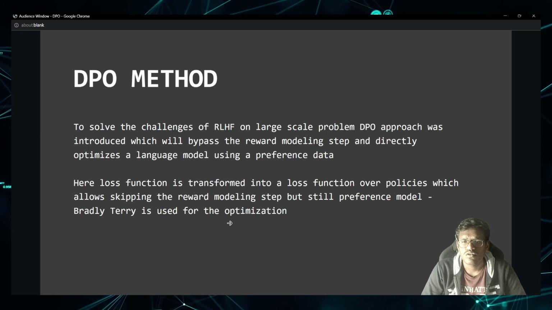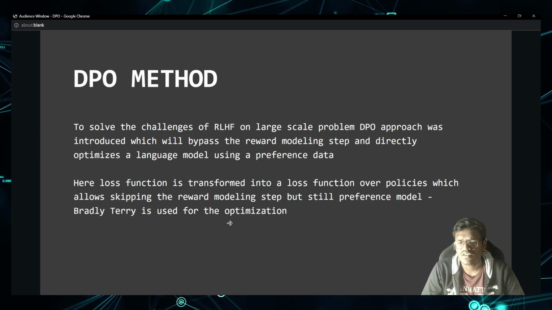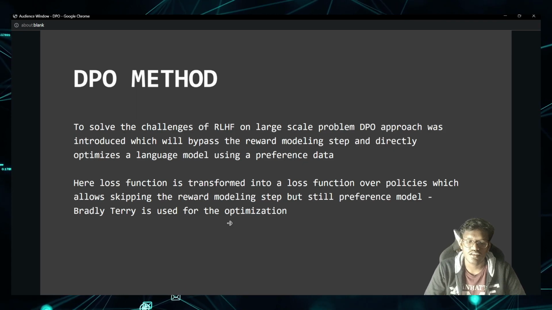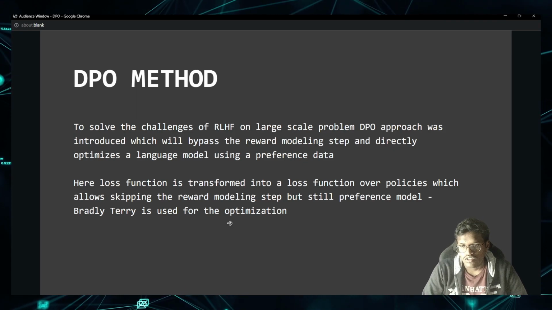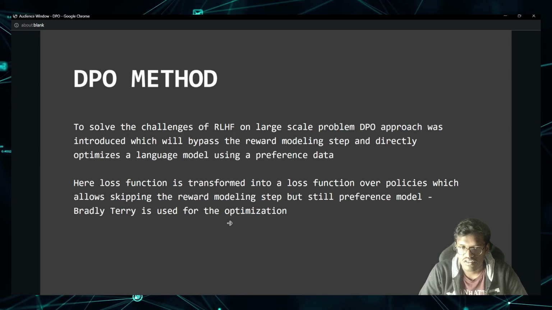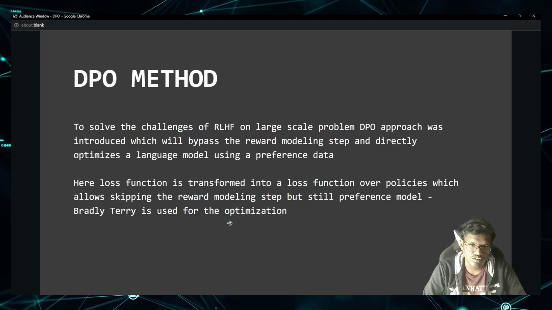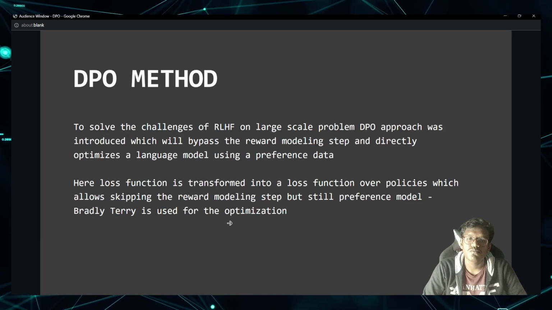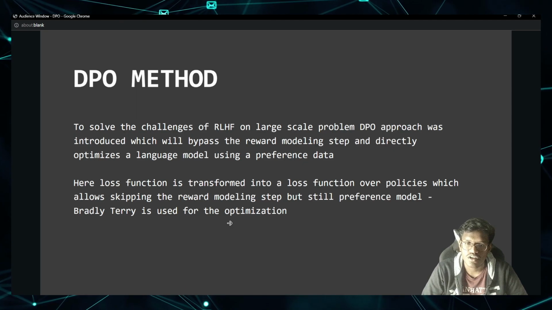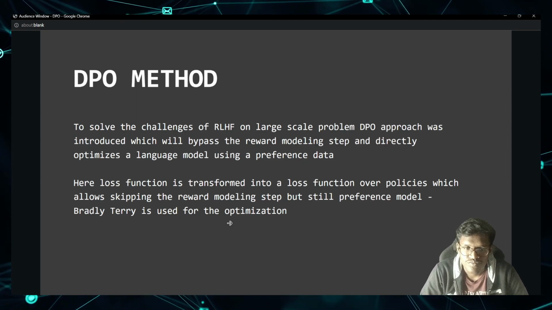Because it has multiple reward models, so you can't always say you'll be fine with it. And it is complex as well, like we saw previously. But the DPO approach was introduced such that it will bypass this reward modeling step, and it will optimize the language model directly on the preference data itself.